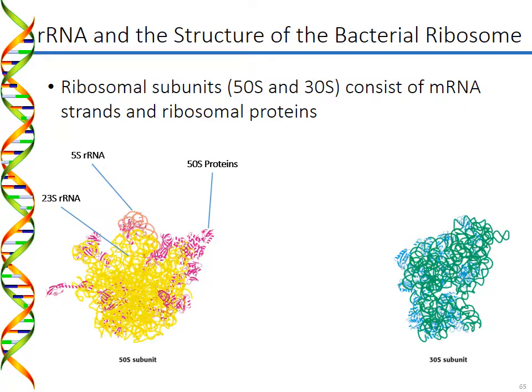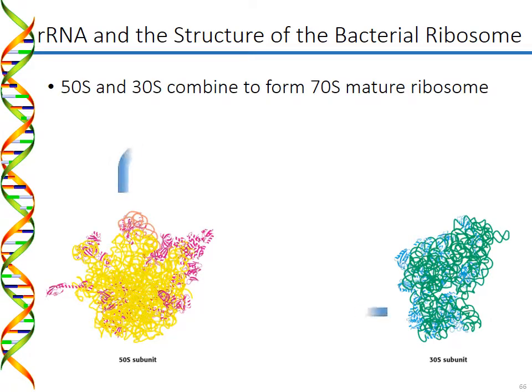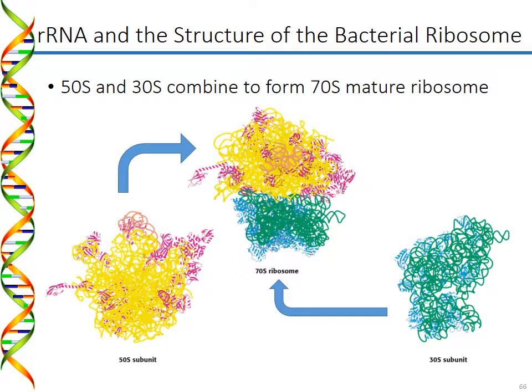You can see that here the 50S subunit has the 5S and 23S RNA molecules, along with a number of proteins, and the 30S subunit has the 16S RNA and various proteins. These two combine together to form the 70S ribosome, which is simply the two subunits acting together to form the active ribosome.